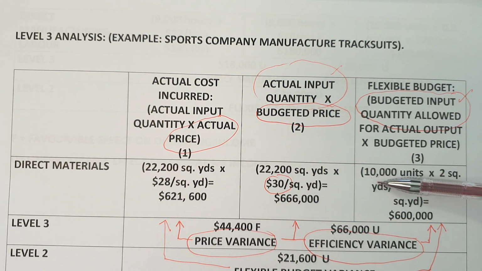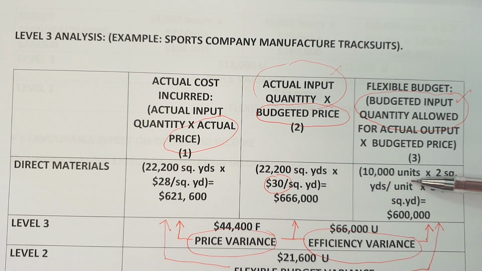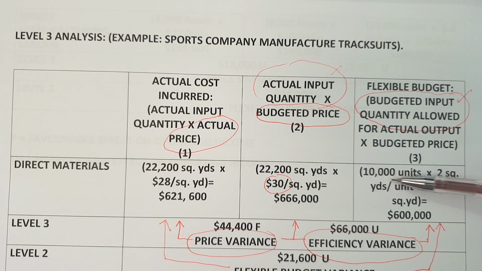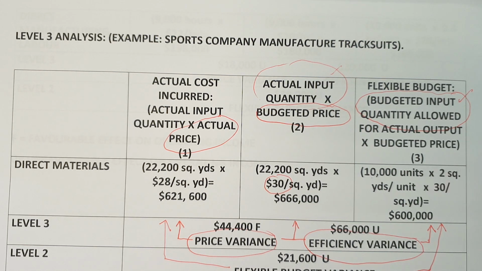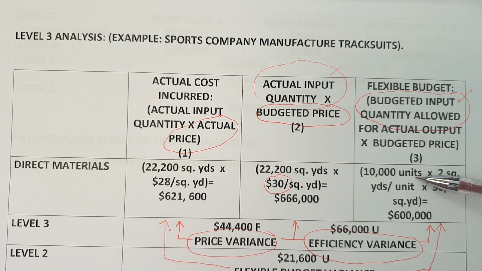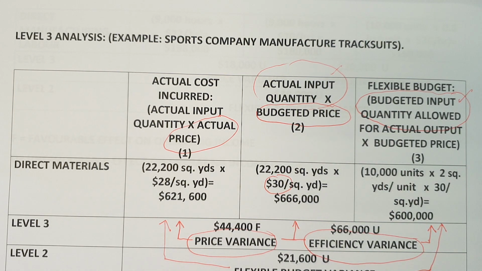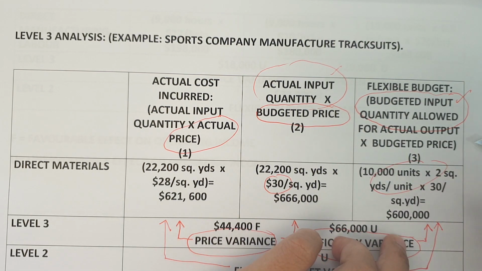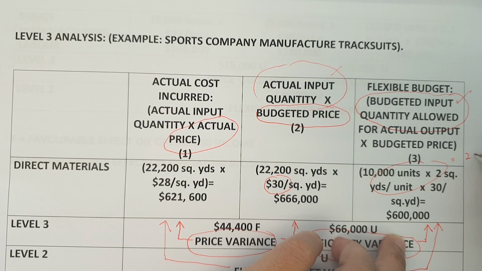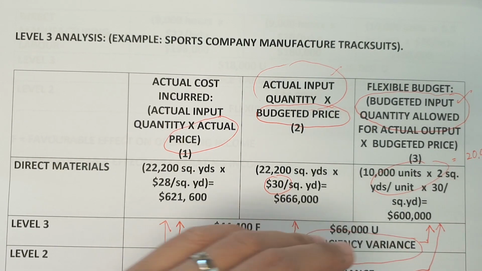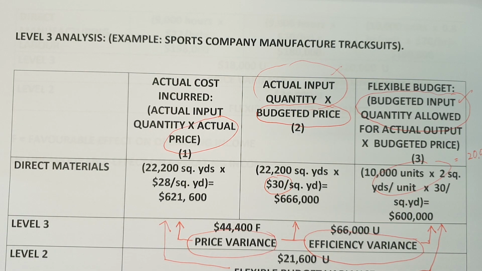This is the number of units that we budgeted to produce, 10,000 units, and each unit will use 2 square yards of material, which means the total yards that we are going to use is 20,000.